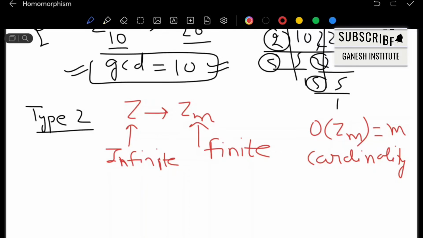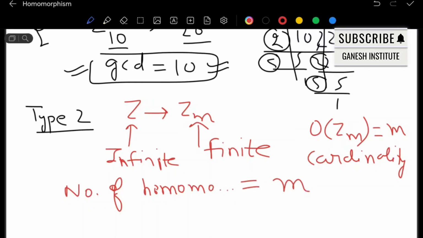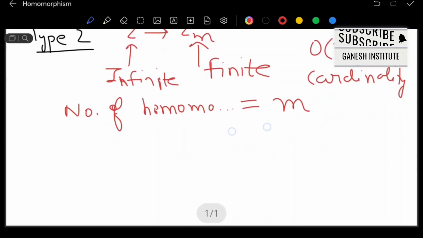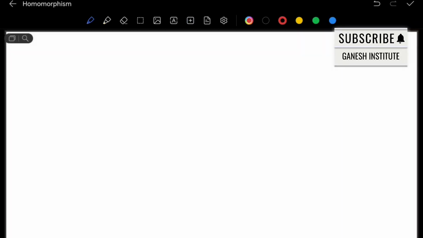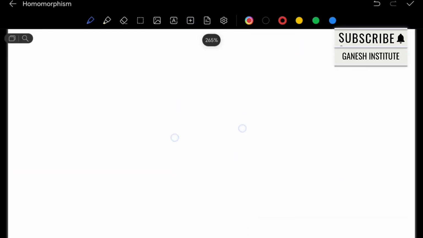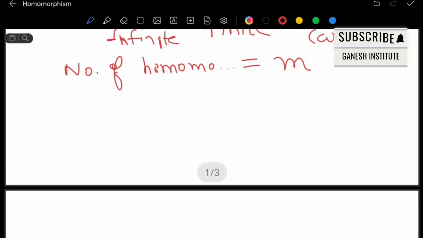Correct. So, in this case, the number of homomorphisms is actually the order, the number of elements in the finite group. So, for example, if a question is asked to tell the number of homomorphisms from Z to Z5, you know the order is 5.